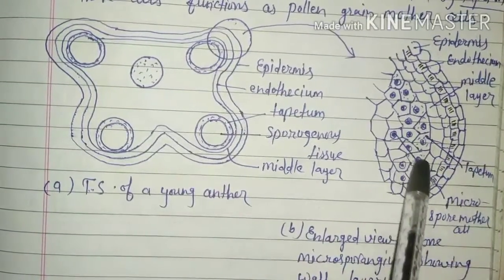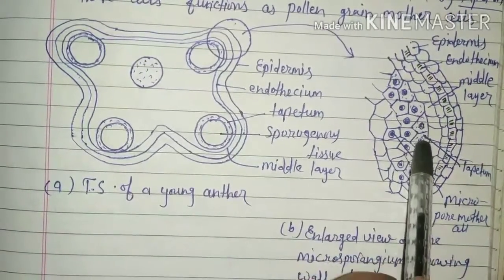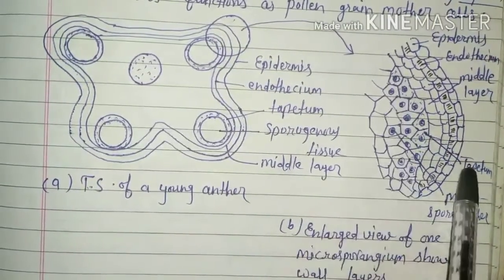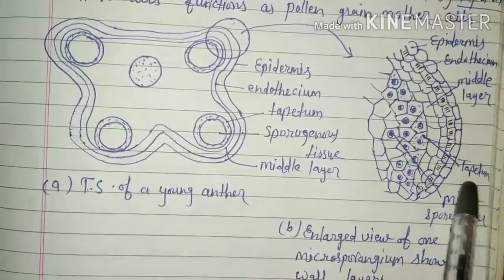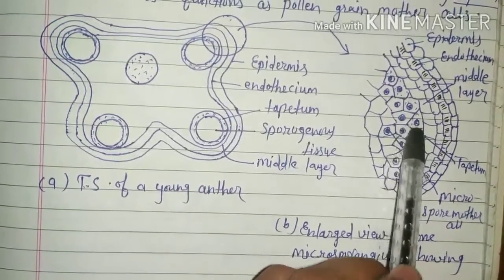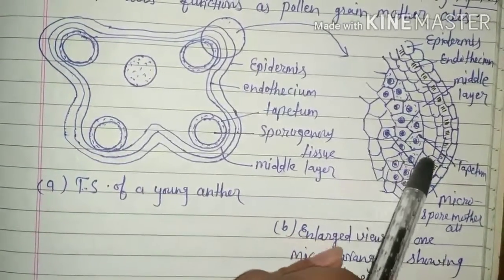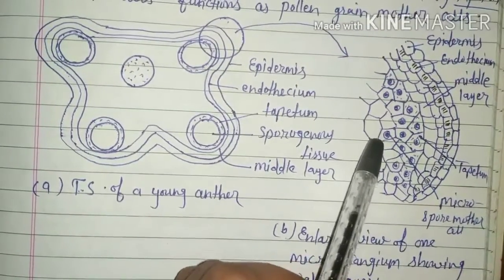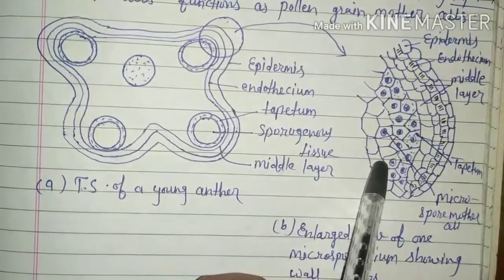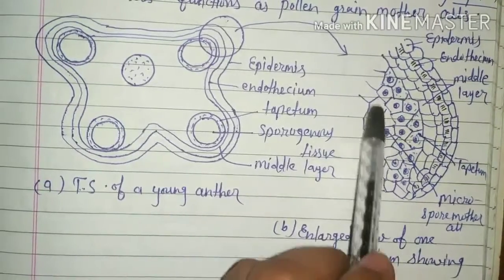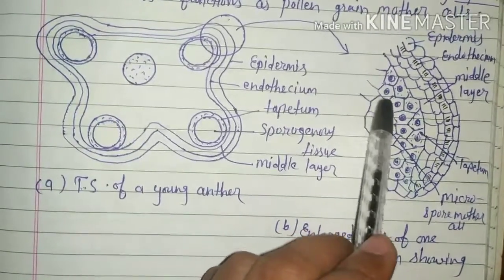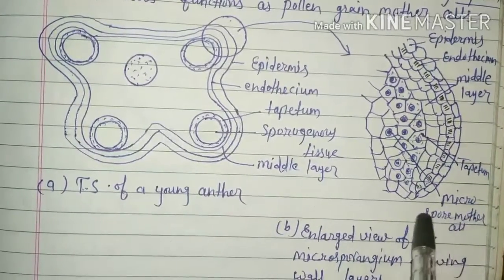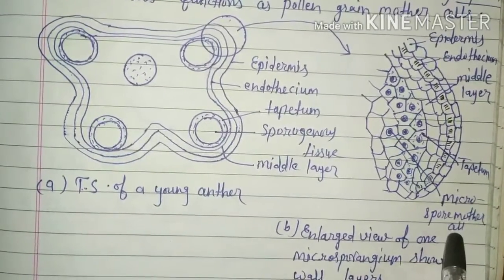Below the middle layers, multinucleated and dense cytoplasm containing cells are found which are called tapetum, because tapetum is a nutritive layer and it provides nourishment to developing microspores. This part is the microspore mother cell or sporogenous tissue.